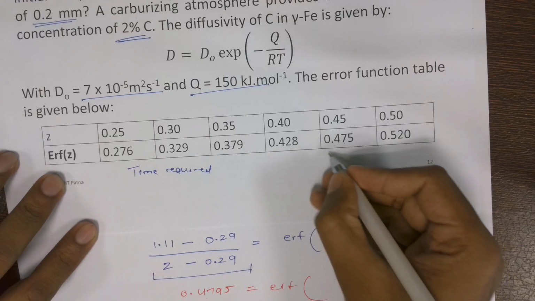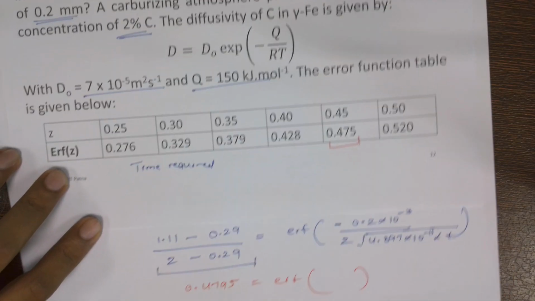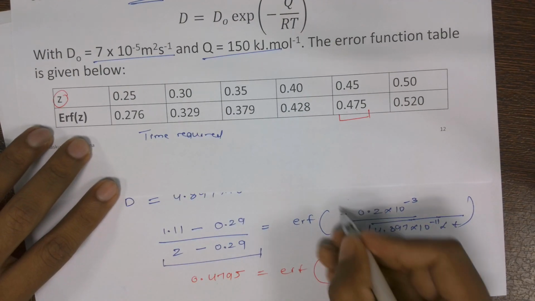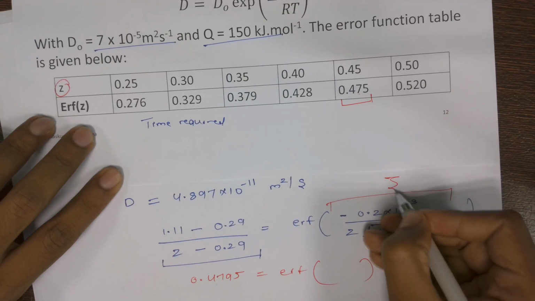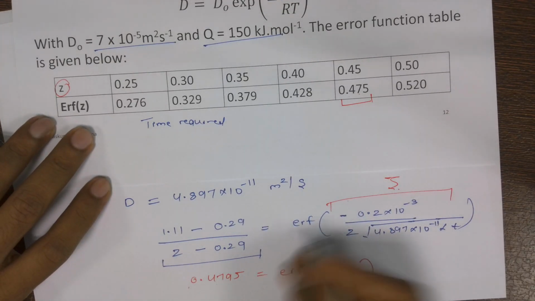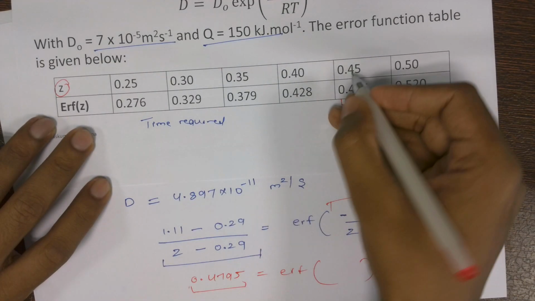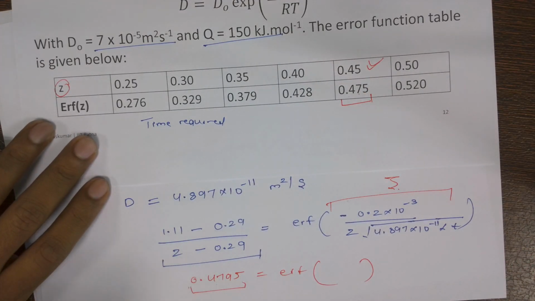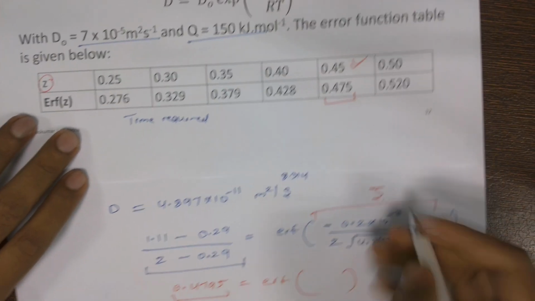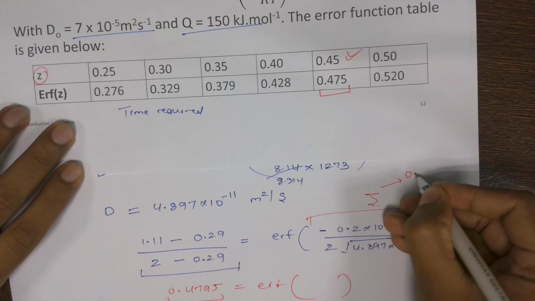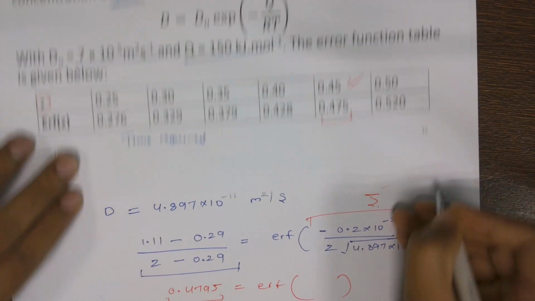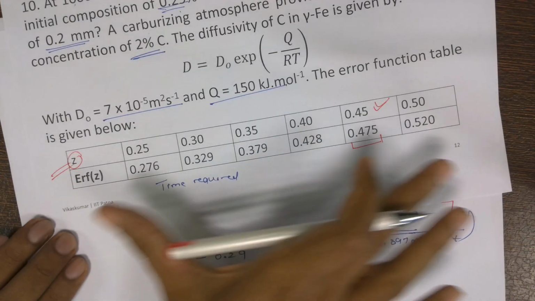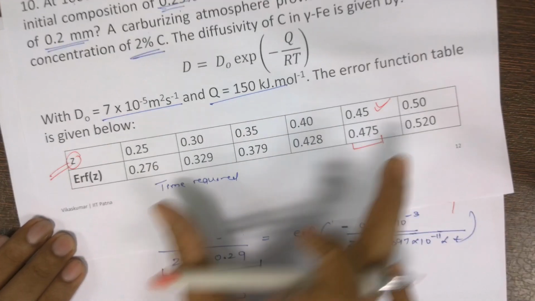So somewhere we are very close here. The error function of Z is this, so the value of Z should be 0.45. So for this type of question only, we give the error function table.